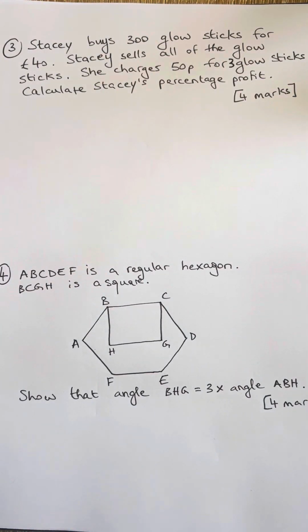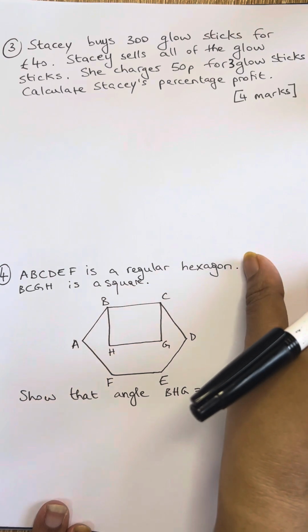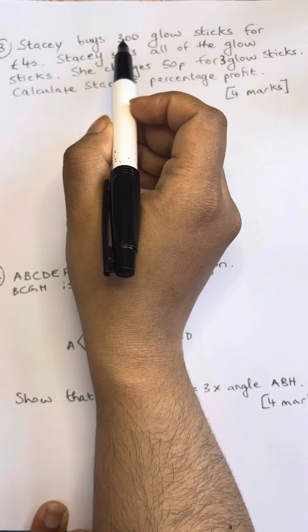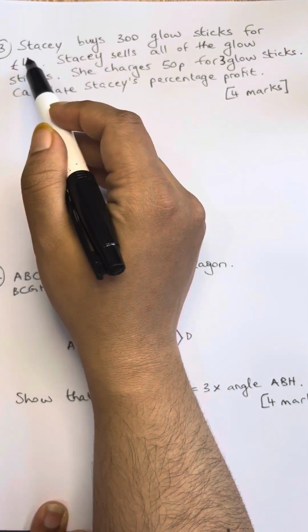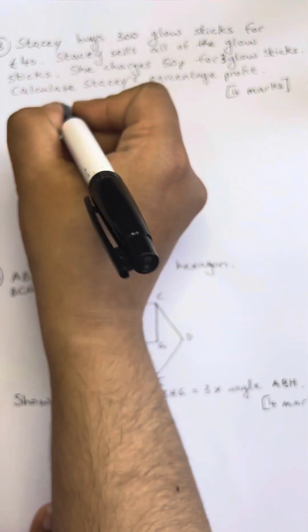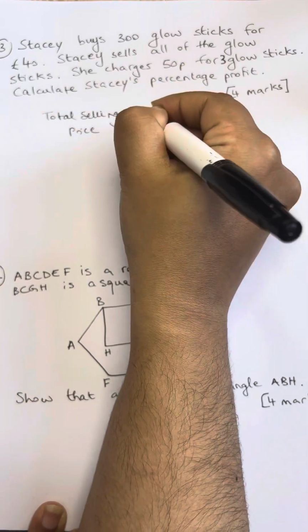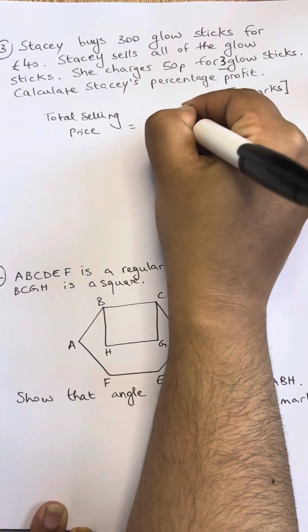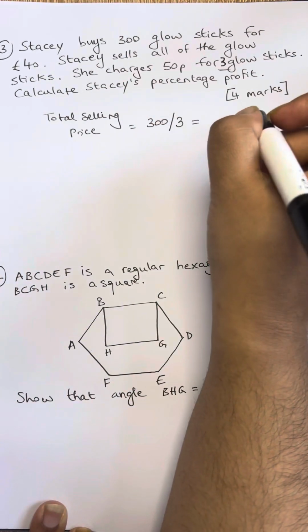First things first, I need to calculate her total selling price. I know that she bought these 300 glow sticks for £40, right? So to find the total selling price, the first thing I need to do is 300 divided by 3, so I can figure out what my total selling price is.